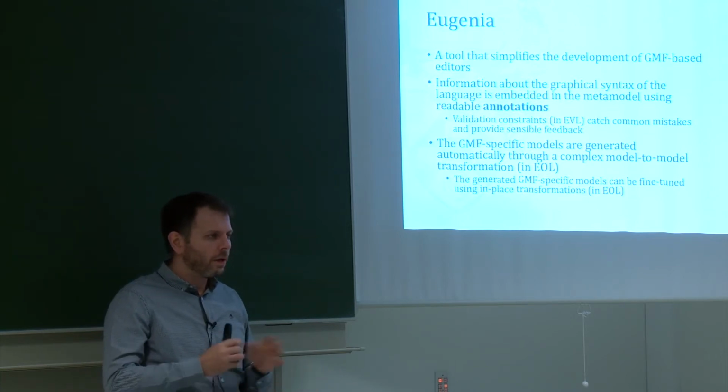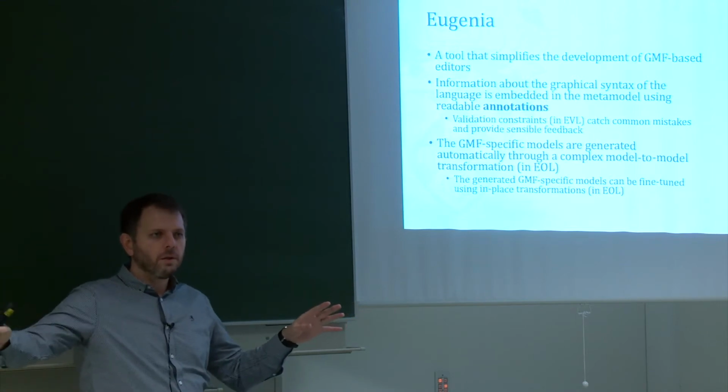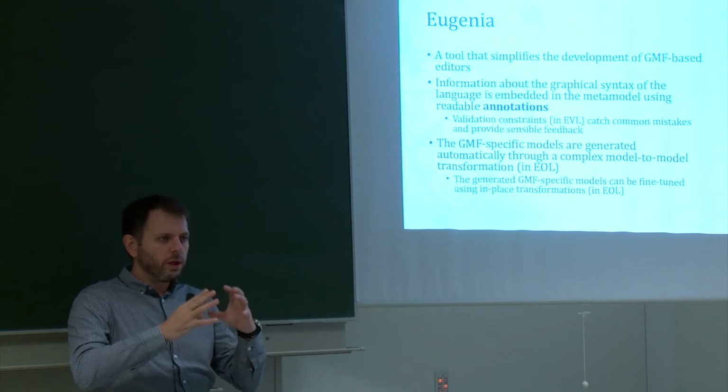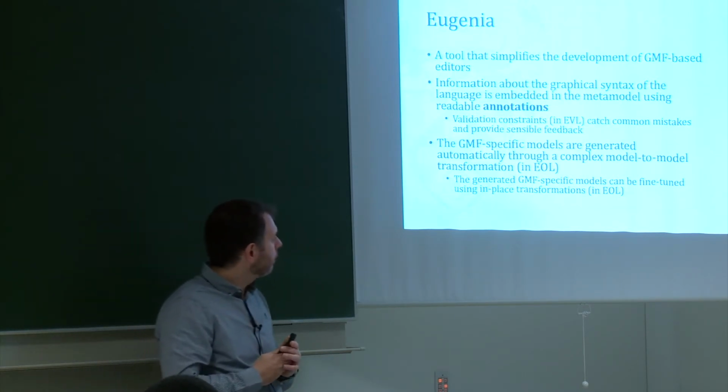So now instead of having information scattered across 4 artifacts and 5 artifacts, if you think of the GMF generator model, all the information about your editor is in one file, in the meta model itself.